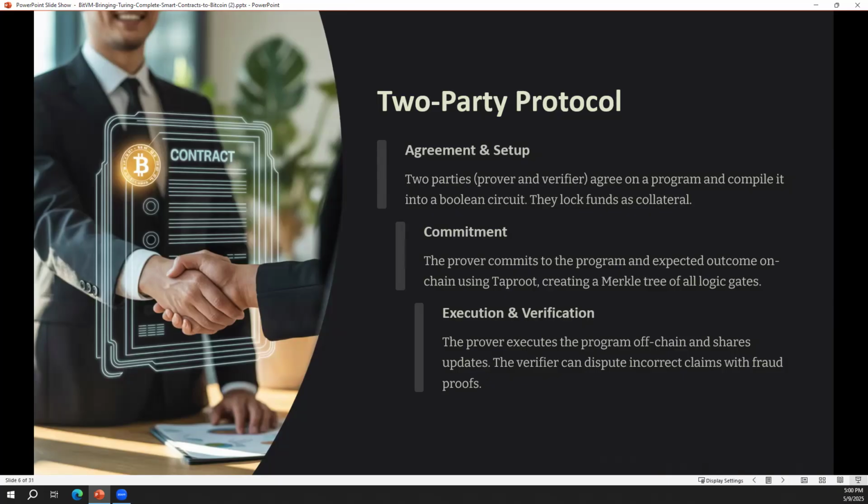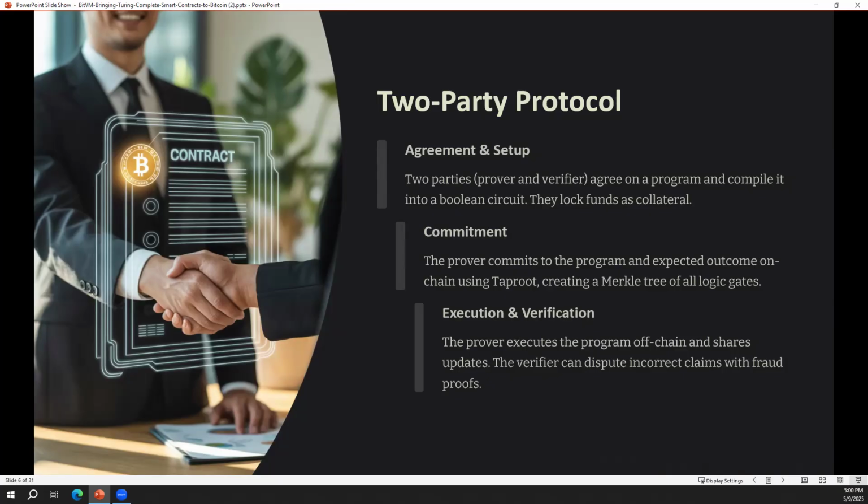The prover then commits to this program and its expected outcome on-chain, typically by creating a Taproot output that contains a Merkle tree, essentially a tap tree of all the logic gates and steps in the program. Both parties lock funds into this contract as collateral.